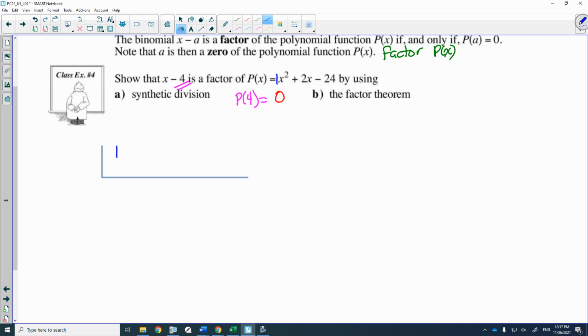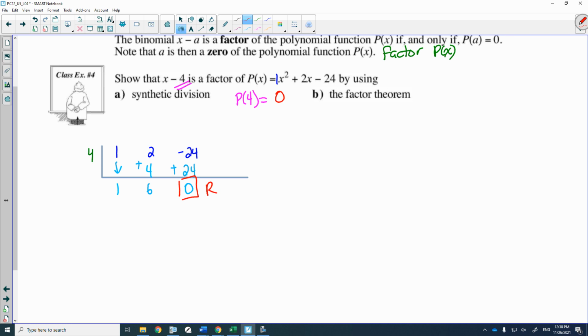So 1, 2, negative 24. The root of my divisor is 4. Carry out the synthetic division: drop that first term, and multiply. Then add. Then multiply. Then add. You will get 0. That is the remainder.